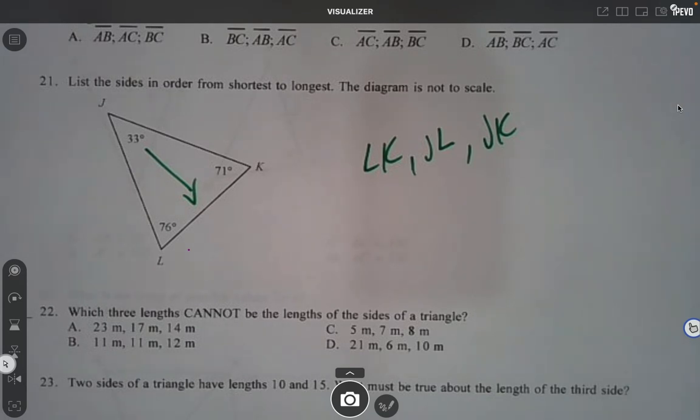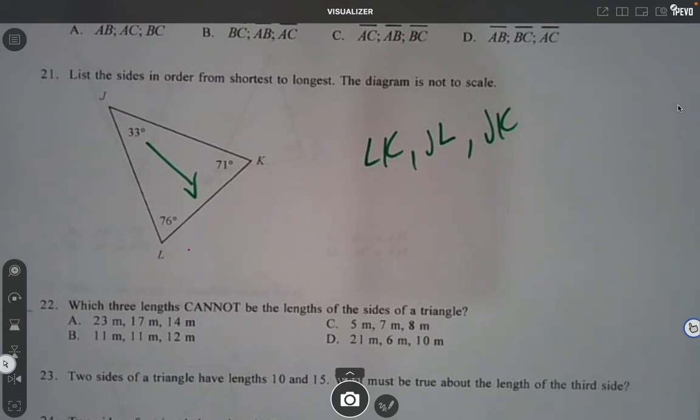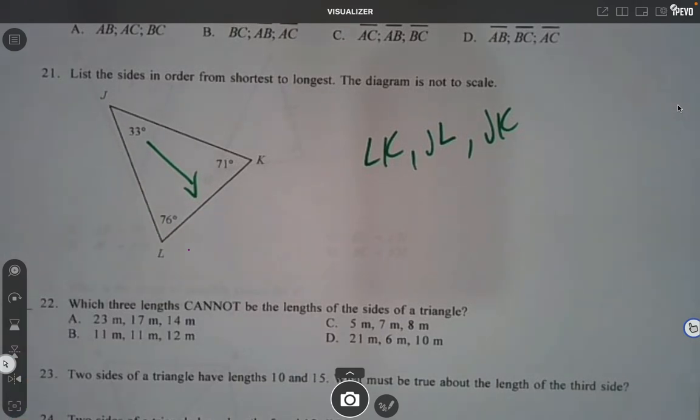Like you could do KL, LJ, KJ. Okay? Moving along. Yeah? Okay, never mind. I got it. You got it. Okay, good.